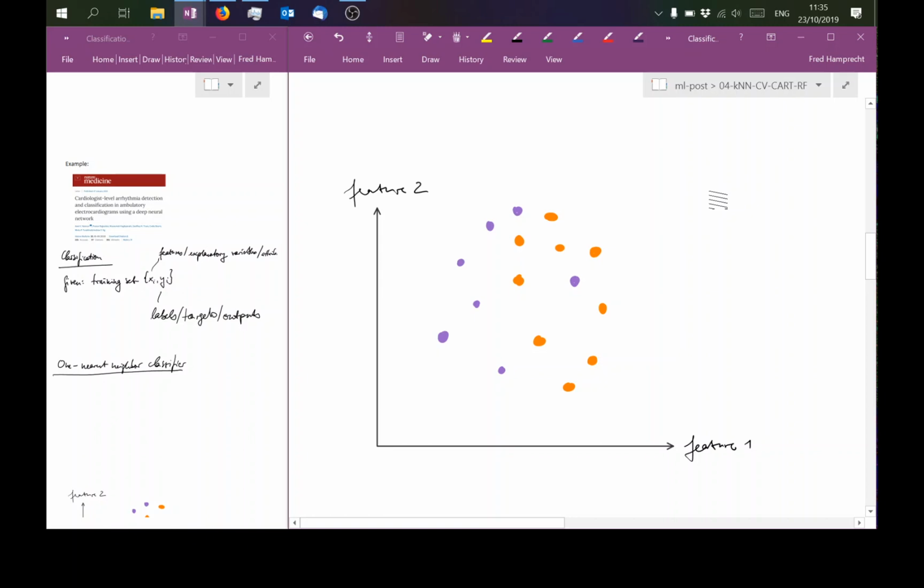And I've colored them. So the Y I have encoded in the color. The position in this diagram tells me what the measured features are. And from this training set of a few examples, I now want to somehow extract rules that will allow me to make valid predictions in the future.